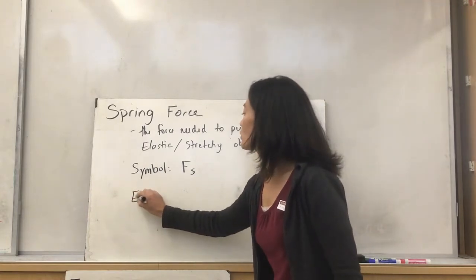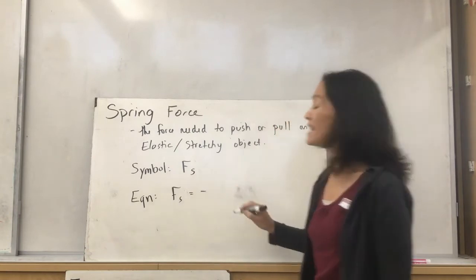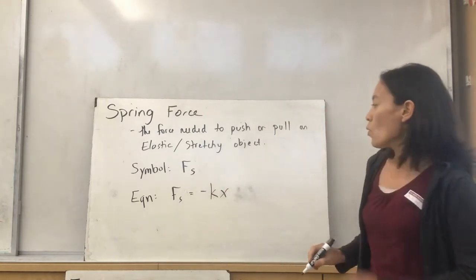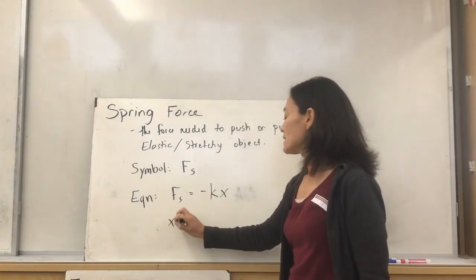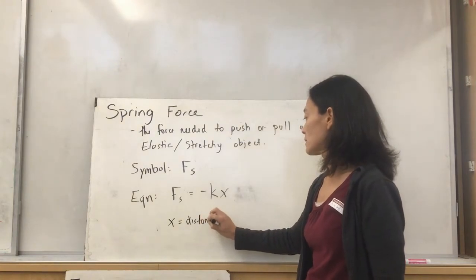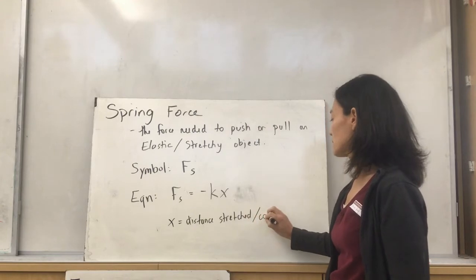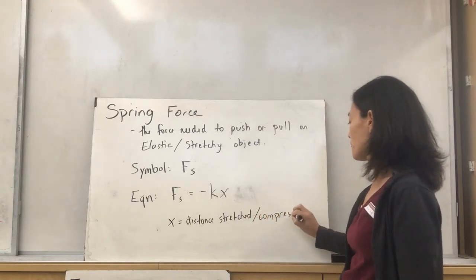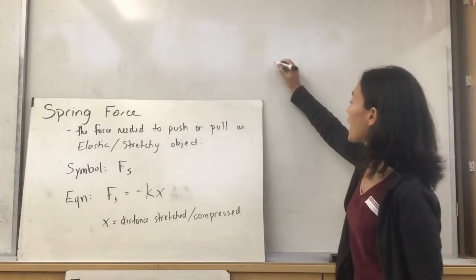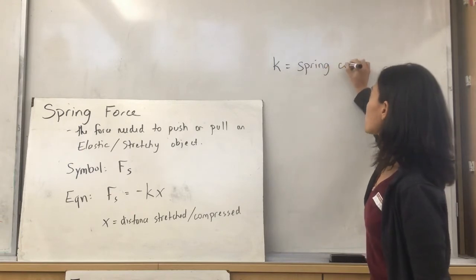The equation for it is Fs is equal to negative Kx, where x is the distance stretched or compressed, and K is what's called the spring constant.